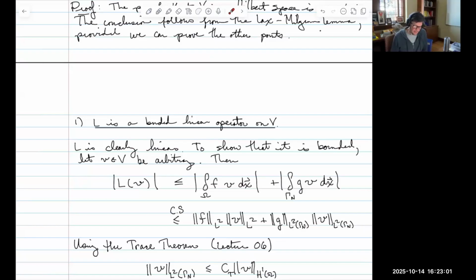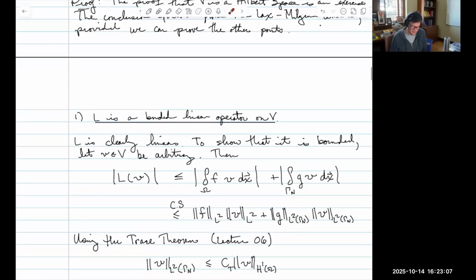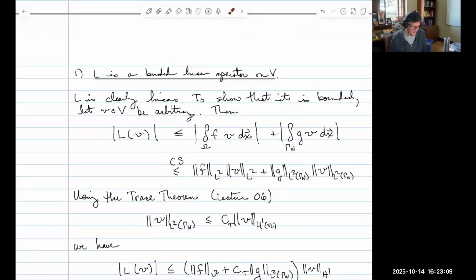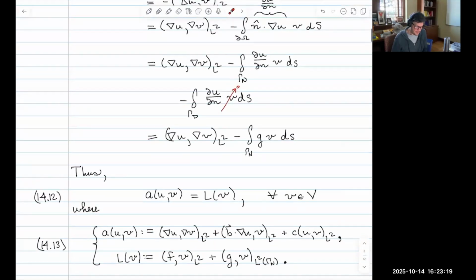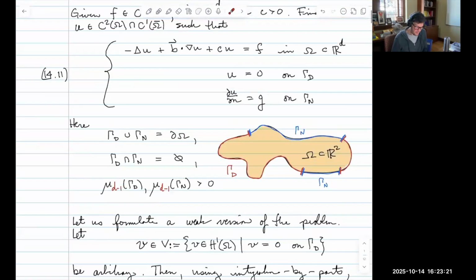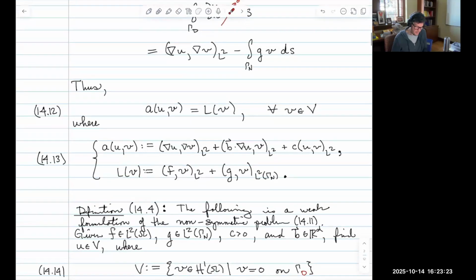To show that it's bounded, we need to show that the absolute value of L of V is less than some constant times the norm of V. So let's see if we can figure out how to do that. By definition, L of V is right here.